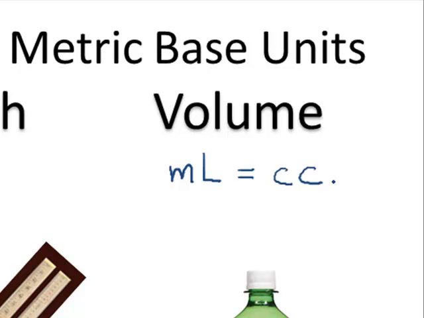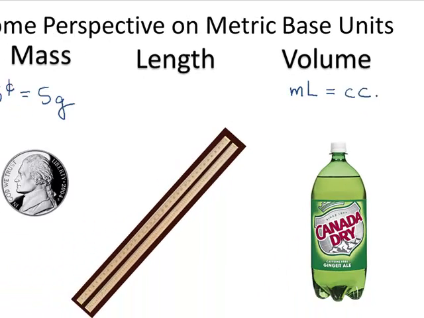So while previously many medical professionals used the term cc to describe the volume of medication in something like a syringe, increasingly you'll hear people use milliliters or even the abbreviation informally of mils. When someone says 50 cc's, they're saying 50 mils or 50 milliliters. So that's a nice one to remember in case you ever have to convert back and forth between the two. Just remember they're the same value.